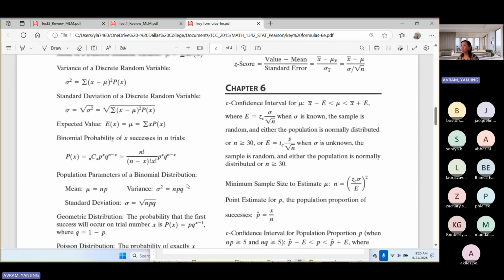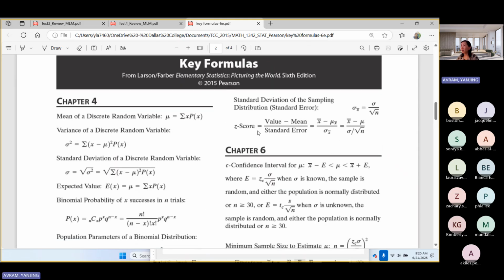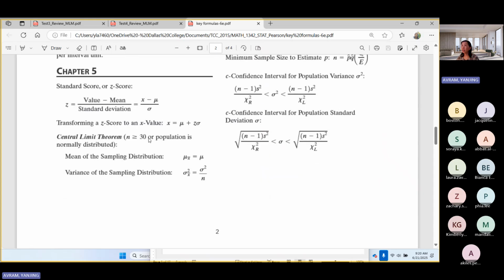Okay, so that is your G-score formula. The simple one here is x minus mu, the G-score using the data value minus the mean, right? Divided by the standard deviation.